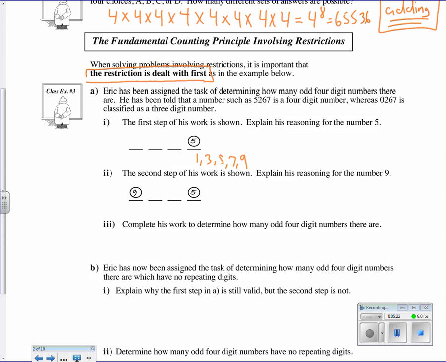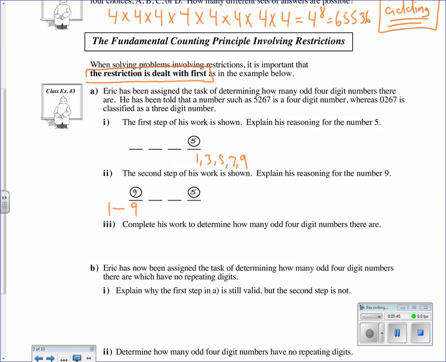My first position cannot be a 0. But it can be any of the other digits that are possible. So any of the other digits include 1 up until 9 can be my first digits. So that's 9 different options for my first digit.